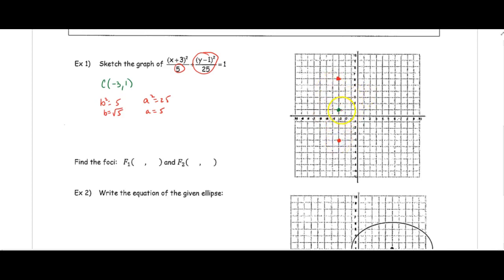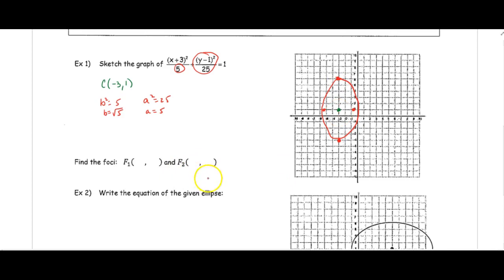Now my co-vertex, right, if you look, what is the square root of 5 approximately? Square root of 5 is about 2.2. So I'm going to kind of guesstimate 1, 2. 2.2 would be about here. 2.2 would be about here. And that would be my ellipse.